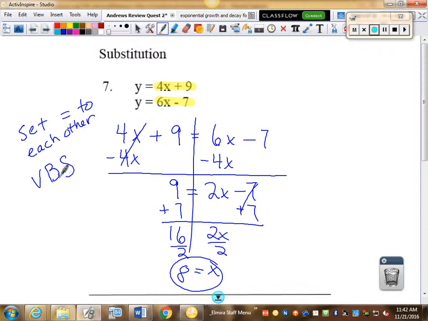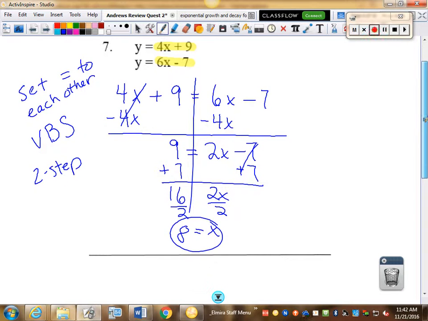Okay, so after variables on both sides, we did a 2-step. And x equals 8. Then we're going to pick an equation. They're both in y equals form, so it kind of doesn't matter which one you pick. 4 times 8 plus 9.